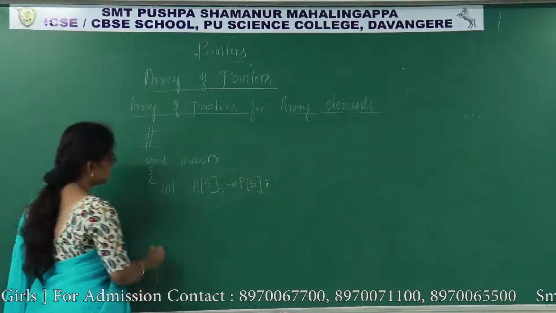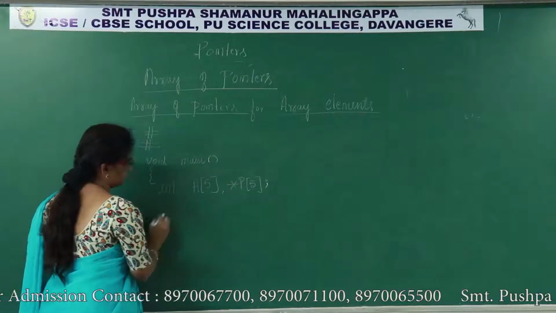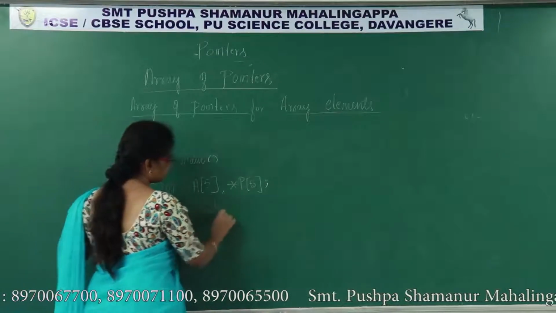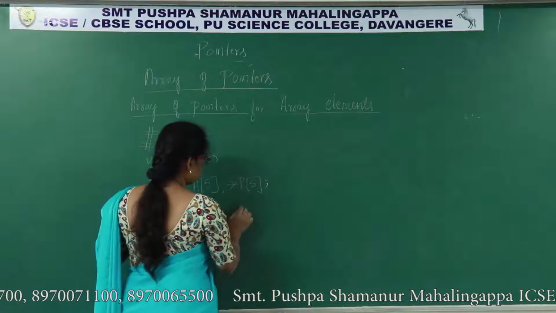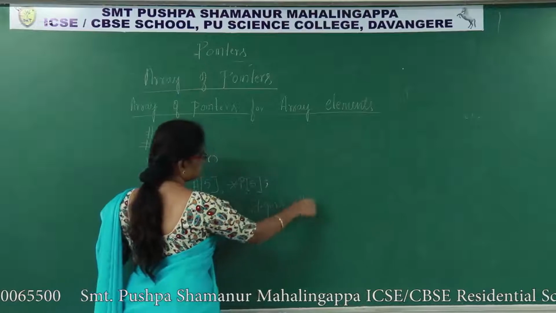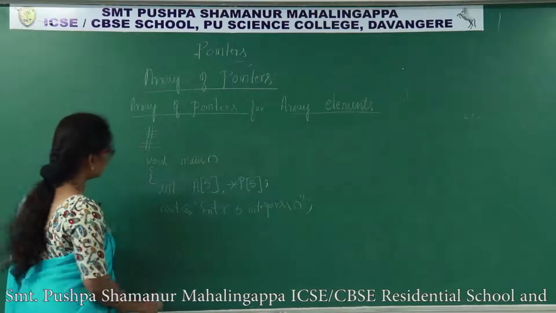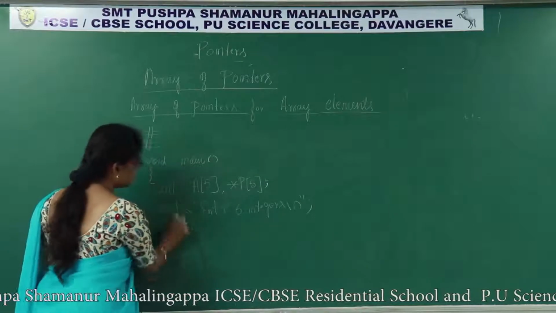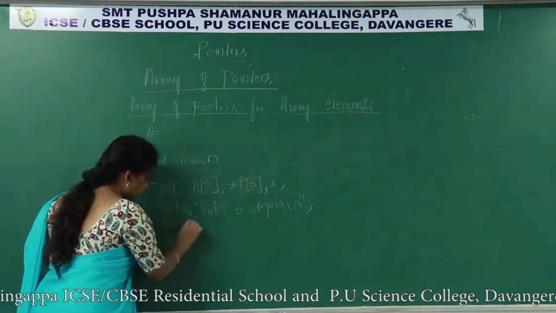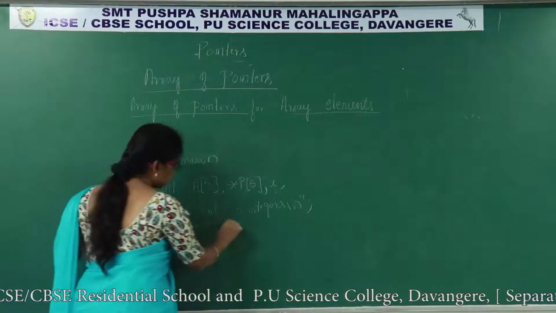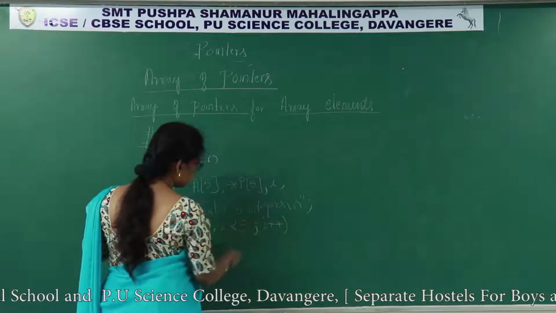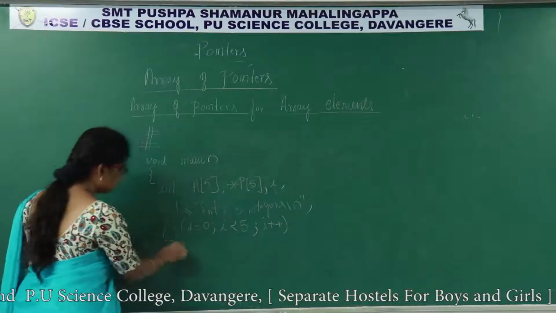Now cout enter 5 integers. For, I'll take a local variable I here. For I is equal to 0, I less than 5, I plus plus. Next, open curly bracket.